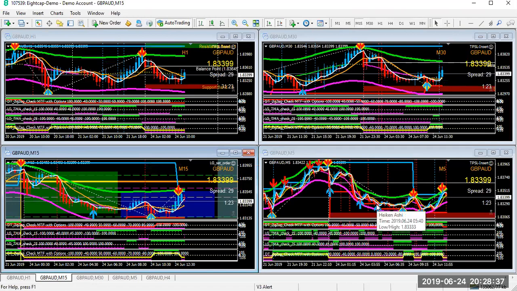But that's the minimum target. And then you've always got your diamond that will alert you if perhaps the market may want to stop at that stage.